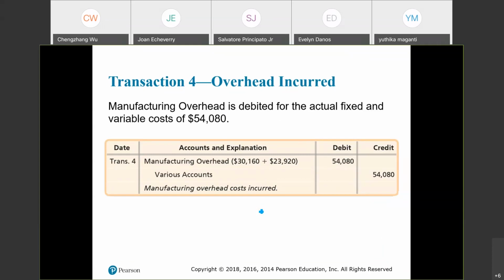Manufacturing overhead is debited for the actual overhead cost of $54,080, which is the sum of $30,160 actual variable overhead cost and $23,920 actual fixed overhead cost.